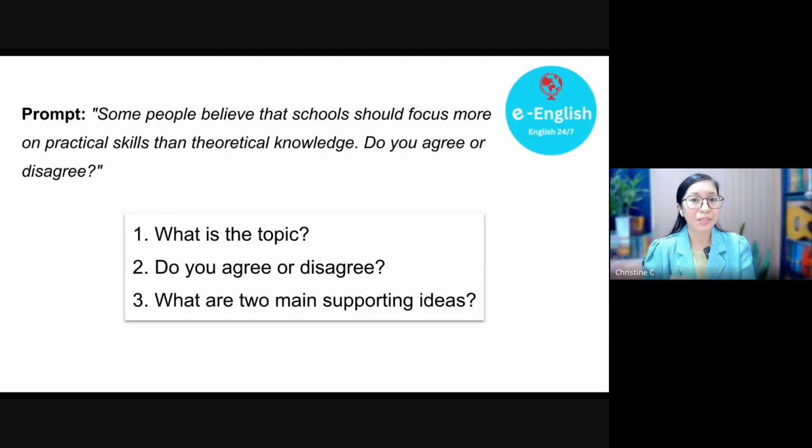I totally agree with you. There are some subject matters, some topics in which it's important to understand and analyze theoretical knowledge first. For example, it's good for building a strong foundation, especially for advanced studies, advanced math, science, medicine. It also encourages critical thinking and innovation.